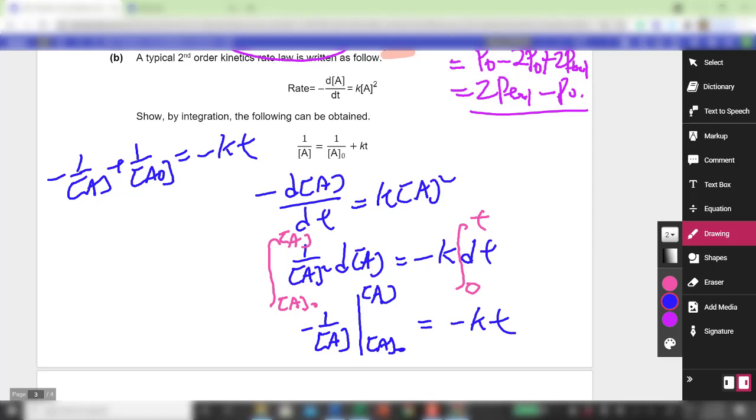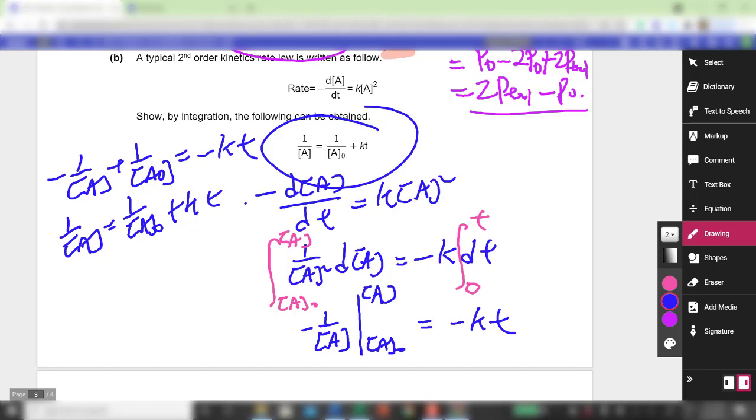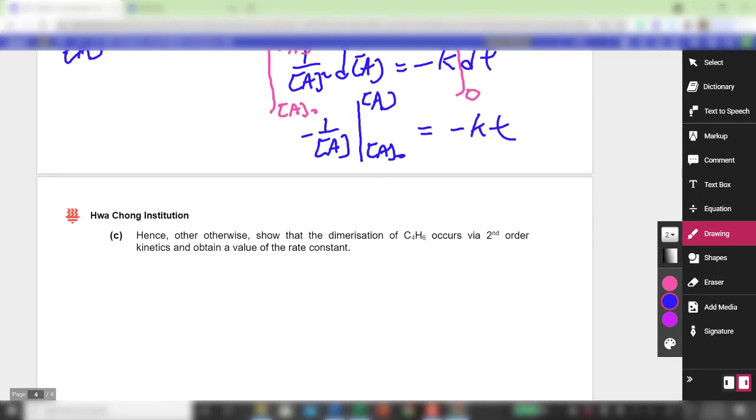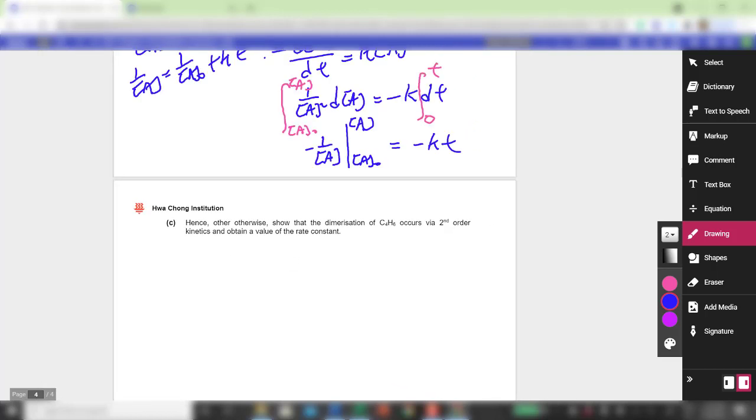Okay, if you multiply minus 1 on both sides and then you shift 1 over A naught over, you're going to end up with 1 over A is equals to 1 over A naught plus kt. So that's how you prove this by integration. And then of course, part C, they ask you to hence or otherwise show that the dimerization of C4H6 occurs via second order kinetics and obtain a value for the rate constant.